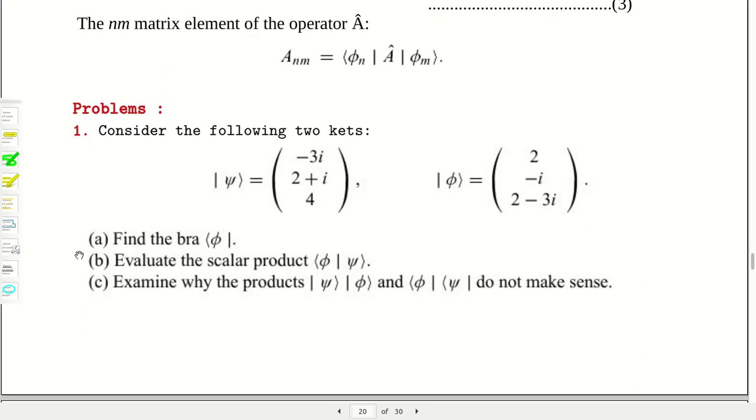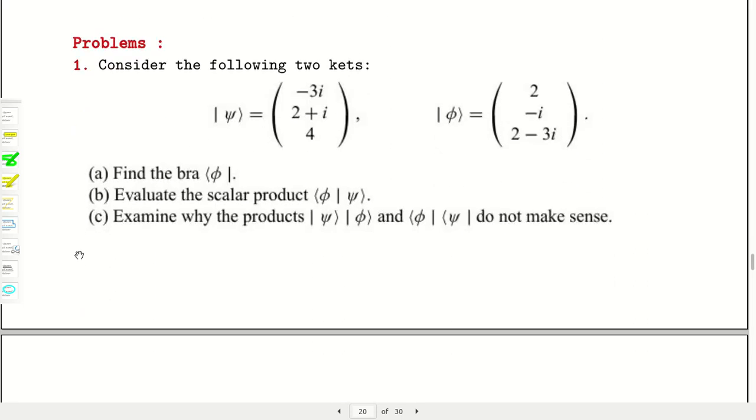Now let us take two problems. The first one is, consider the following kets. This is 1 cross 3, that is, it is a 3 level system. A 3 dimensional problem means a 3 level system. So for the 3 level system, the elements are written over here. Find the bra phi.